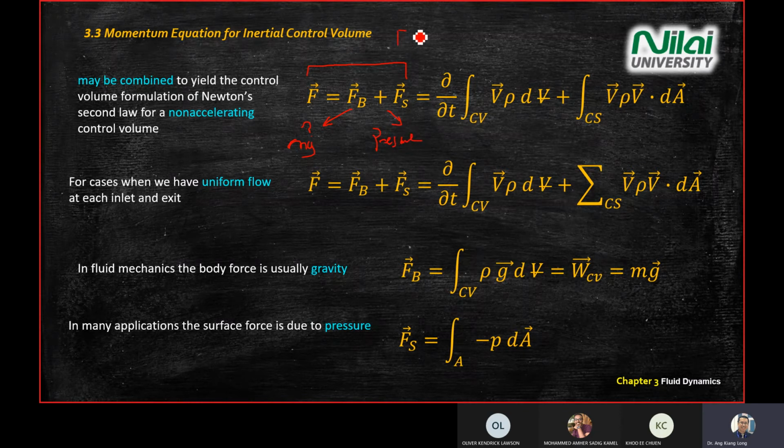So you need to build a free body diagram. You need to draw all the forces on the body. Then on the right hand side, you go for the momentum analysis by integration, one in the control volume, one in the control surface.